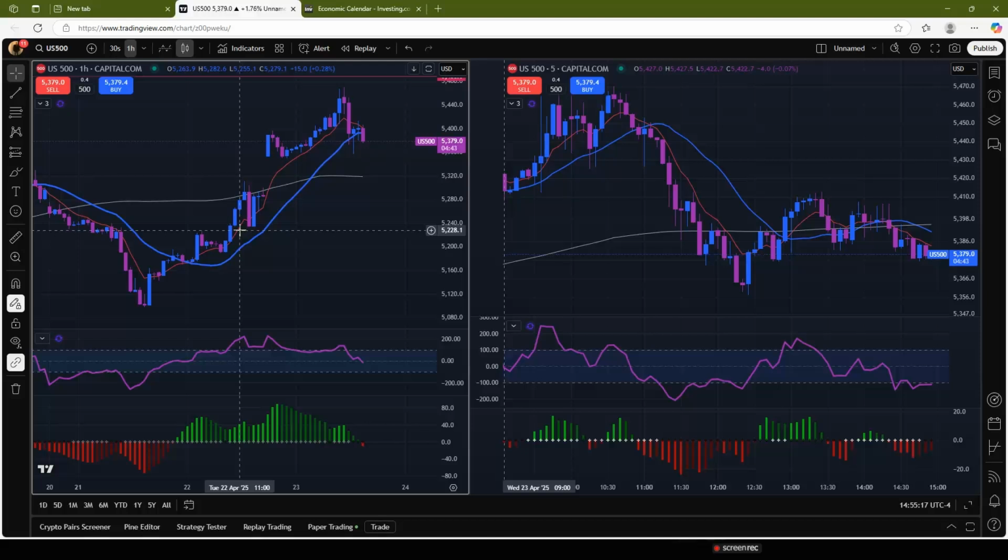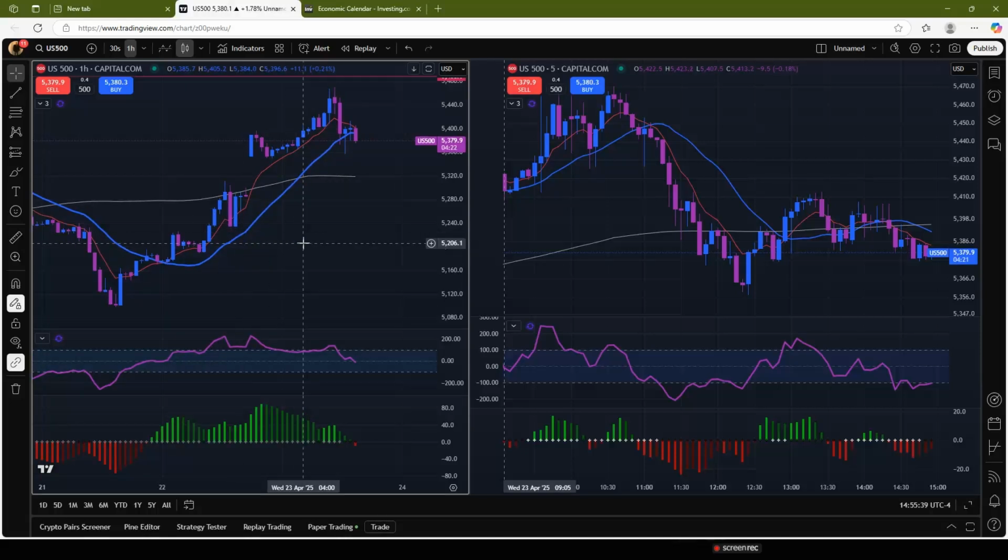So the cool thing about the 8 period EMA is that it is an exponential moving average, where it gives you the history of the past 8 candles, but it gives you an emphasis on what's going on right now. So as far as price action is concerned, it respects the heck out of the 8 period EMA.